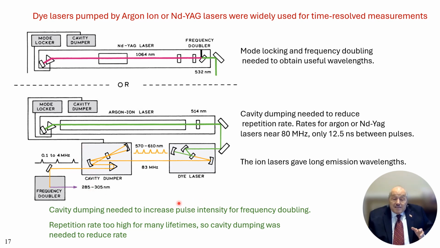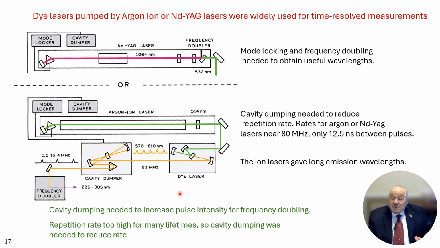And when you got done with this, you would wind up with long wavelength light, typically, which wasn't very useful, like rhodamine, like 600 nanometers, not that many probes out there, and you would wind up with 80 megahertz light.